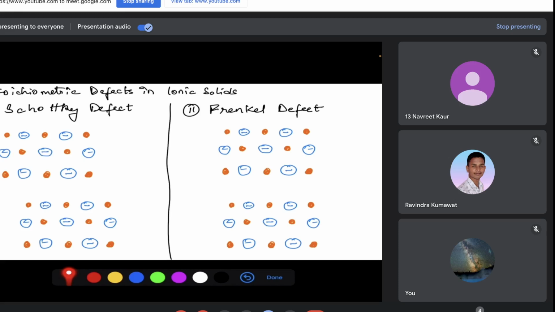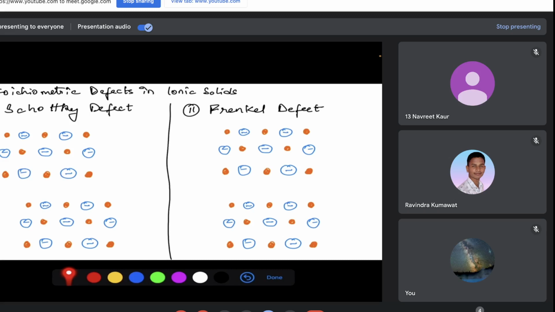This has to be noted, because the ratio of cations and anions remains neutral, so it is not affecting the stoichiometry of the crystal. But it will affect the density of the overall crystal. The presence of this defect lowers the density of the solid.